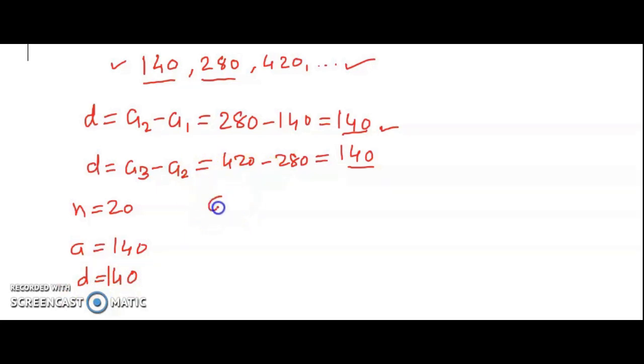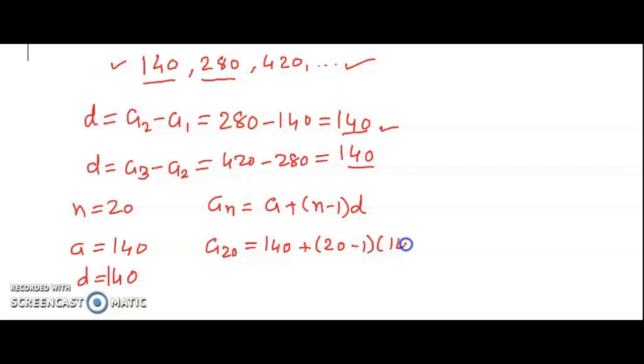So if you put the formula an equal to a plus n minus 1 d, here we have to find out a20. a is 140 plus n minus 1, so n is 20 minus 1, and d is also 140. So that will be 140 plus 19 multiplied with 140.